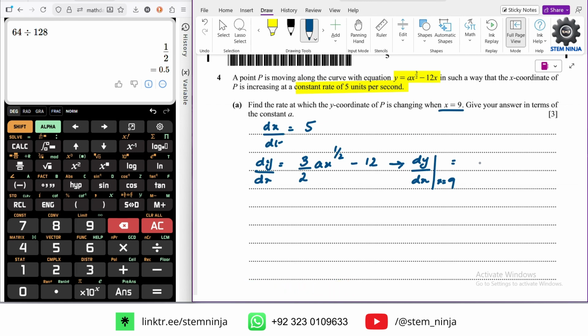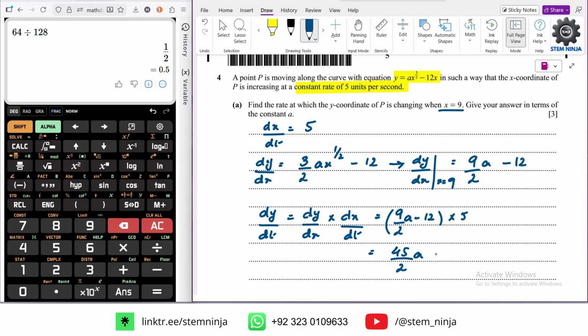So just 9 over 2a minus 12. For dy by dt, we need dy by dx times dx over dt. This is 9 over 2a minus 12 times 5. So 45 over 2a minus 60.